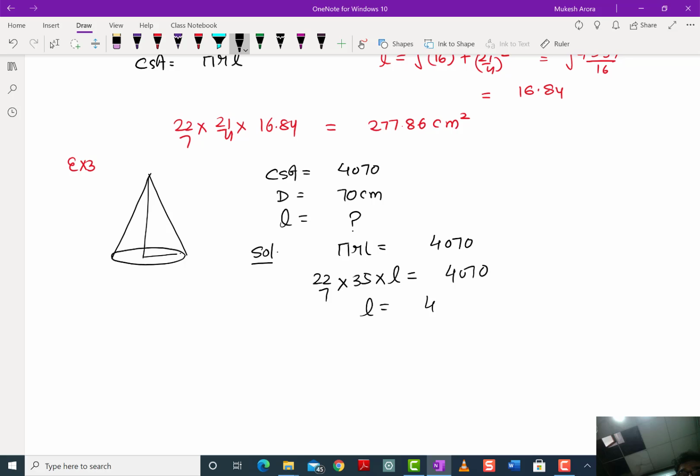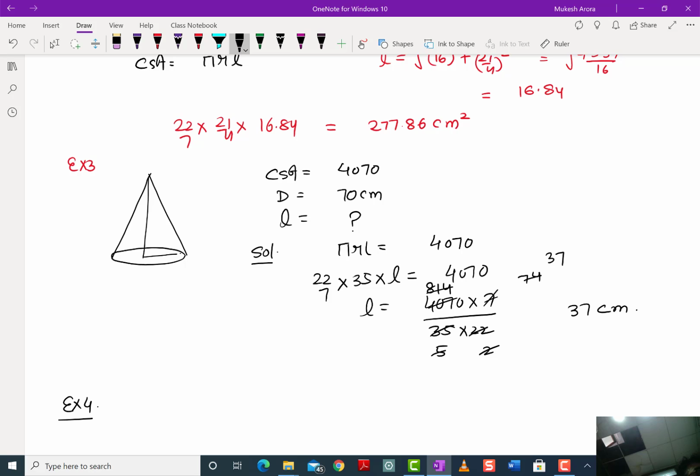L is equal to 4070 into 7 by 35 into 22. This is cancelled with 5. This is 814, and this is 22. 11 sevens are 77, 11 4s are 44. This is 37. So L is equal to 37 centimeter.